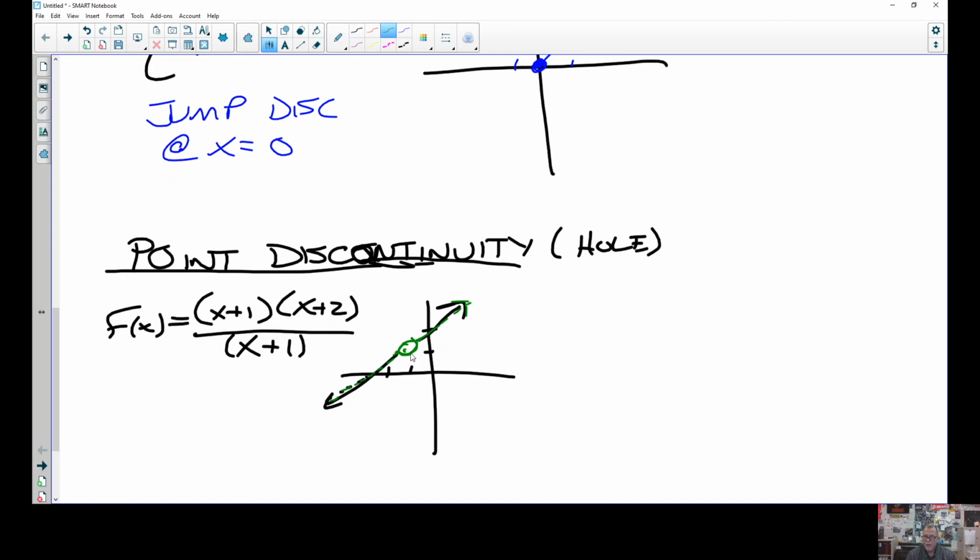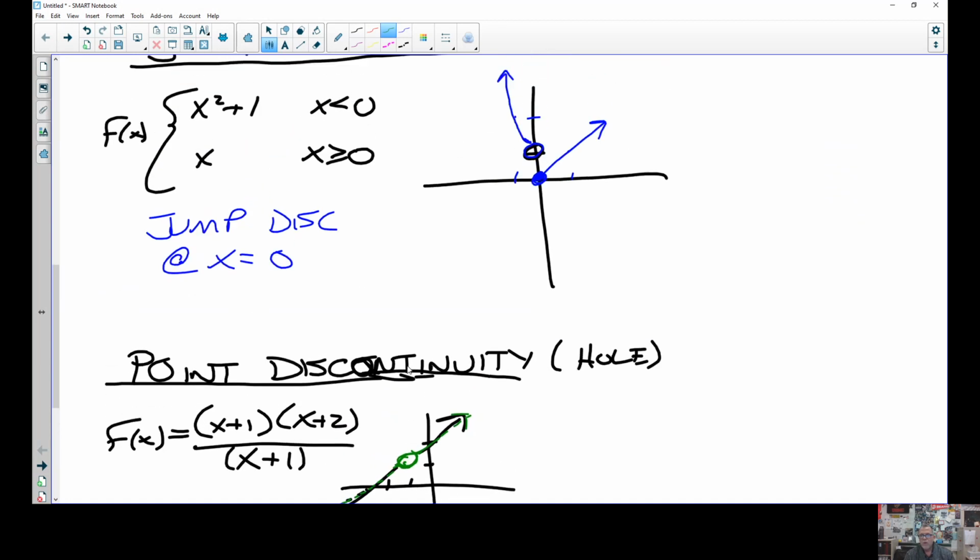So there's just this gap, and it's a very tough gap to look at. If we zoom in tight enough on a graphing calculator, down to thousandths of a unit on each side of this point, you'll see that it actually shows a gap there. That's what we call a point discontinuity, when the value doesn't exist there, but it does infinitely close in each direction.